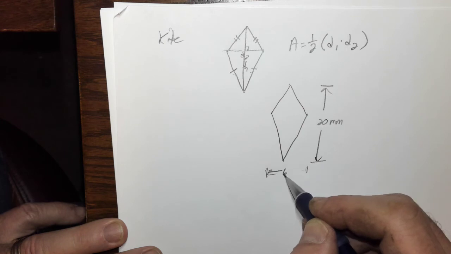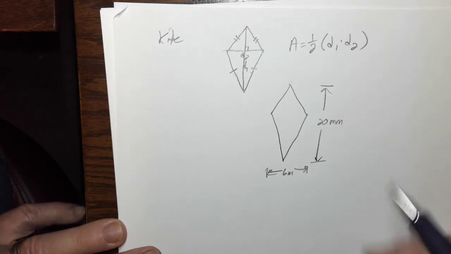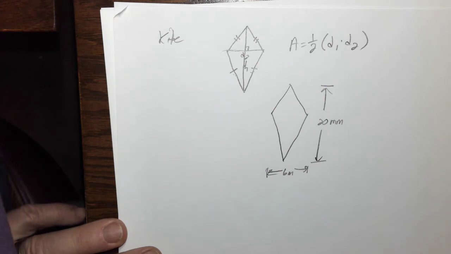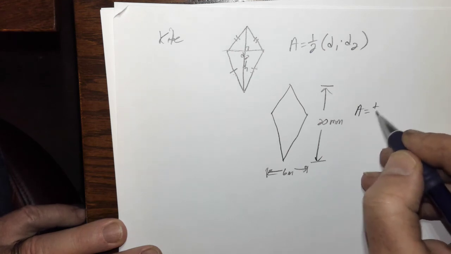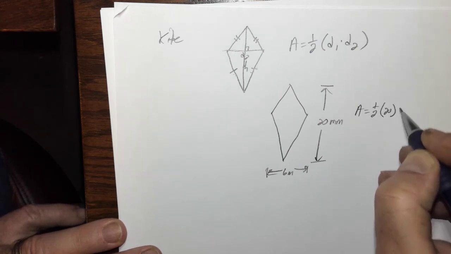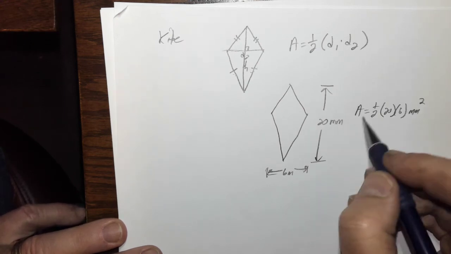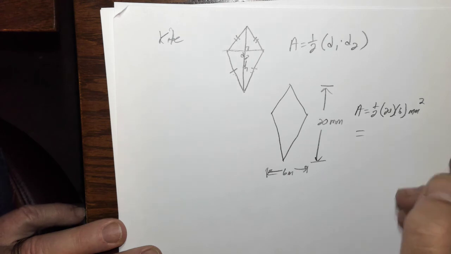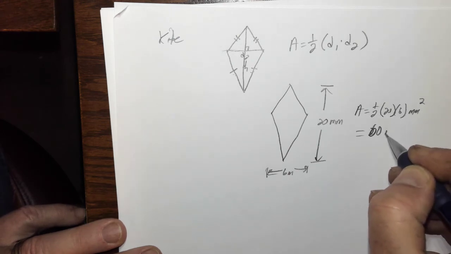We want to find the area of that kite. So the area is just 1/2 of 20 times 6, and that would be millimeters squared. 20 times 6 is 120. Half of 120 is 60 square millimeters, or millimeters squared.